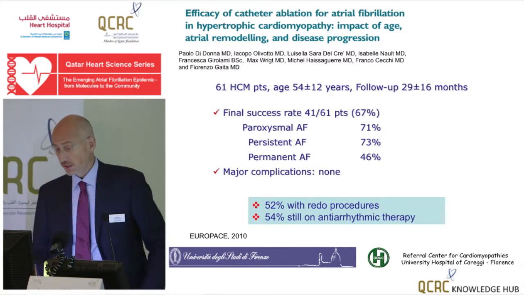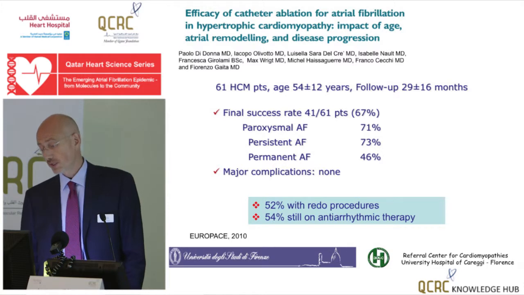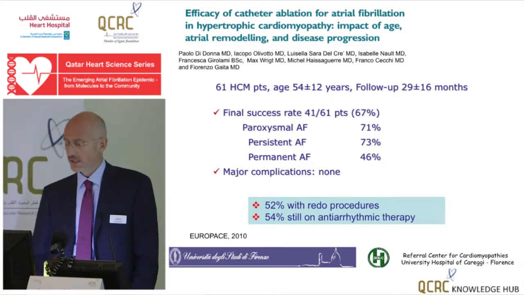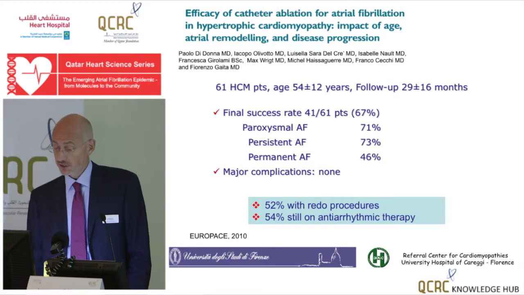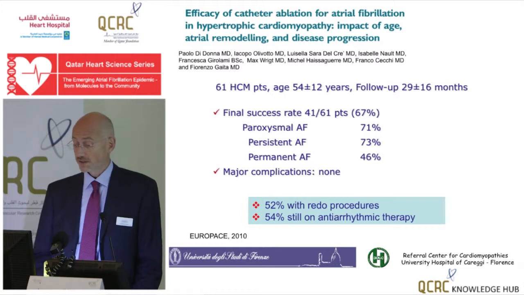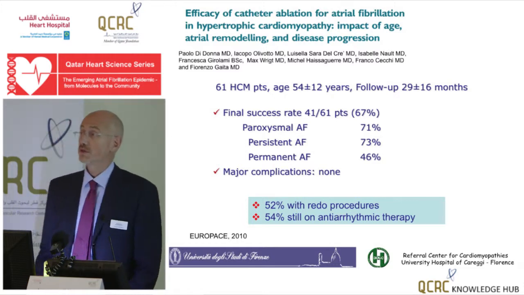And in fact, as you would expect, the results are pretty much consistent with other studies on structural heart diseases. The procedure was safe. However, there were recurrences, and the success rate was particularly low in patients with permanent AF, quite encouraging in patients with paroxysmal atrial fibrillation. 71% is actually good, but there was a 52% with repeat procedures.